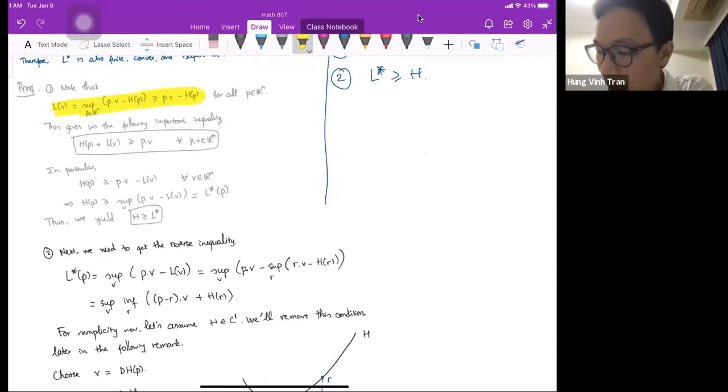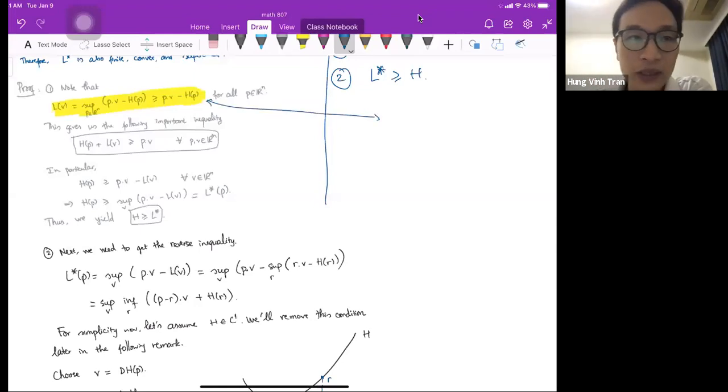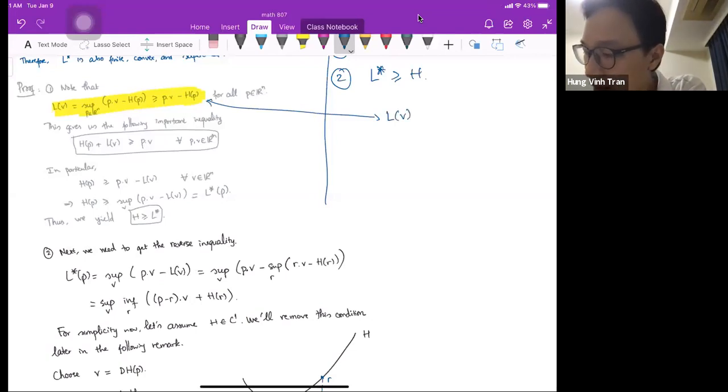So from the definitions, one clear message is that L of V is always greater than or equal to P dot V minus H of P.